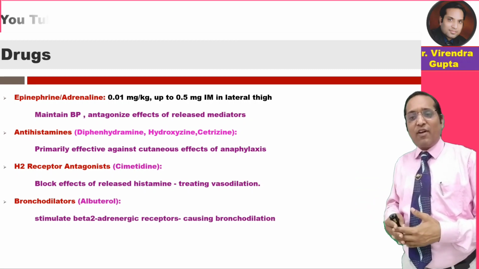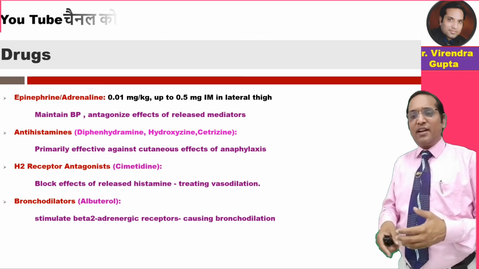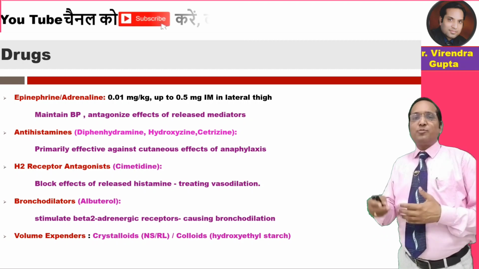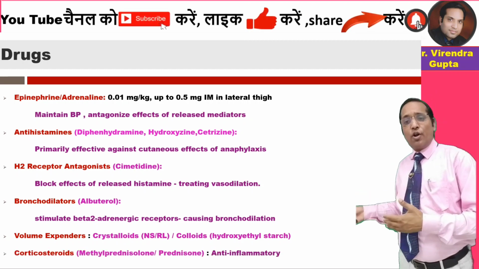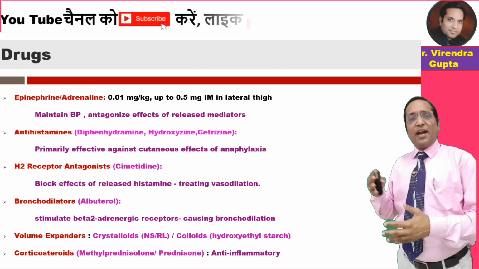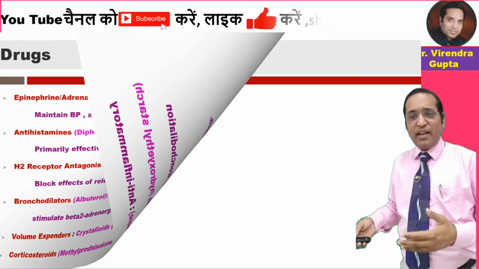For the bronchodilatory effect, albuterol stimulates the beta 2 adrenergic receptor, causing bronchodilation. Volume expanders such as crystalloid or colloid can be used, and corticosteroids like methylprednisolone, prednisolone, Dexona, etc. can be used as anti-inflammatory agents.